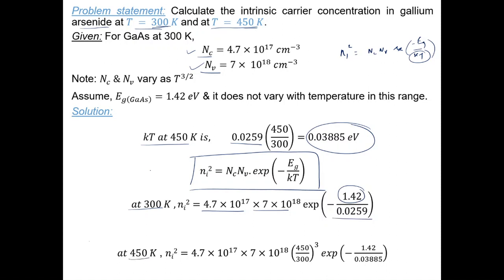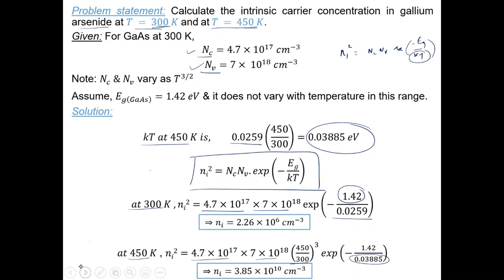And for 450 Kelvin, you feed the Nc, Nv, of course the multiplication factor, and the Kt value, right? If you do that, you get the Ni value at 300 Kelvin and 450 Kelvin. And as I had told you earlier, as the temperature increases, the Ni value will increase, and that's what you also see from this numerical problem.